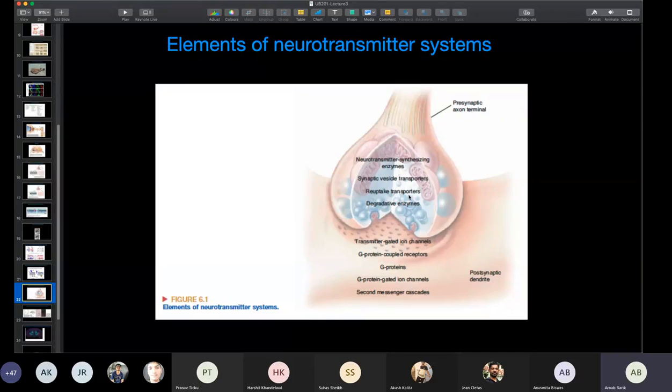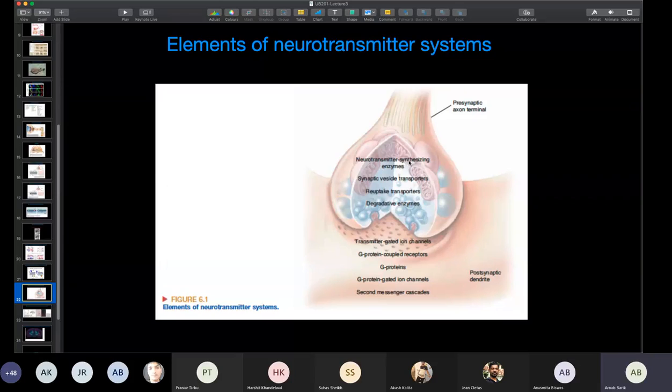Then you need reuptake transporters, because you want an efficient system, so the neurotransmitters are released and taken up. You need degradatory enzymes, molecules that will degrade the extra ones, so that a definite amount of vesicles is maintained. Then you have the transmitter-gated ion channels, the receptors for the neurotransmitters, the GPCRs, and secondary messengers.